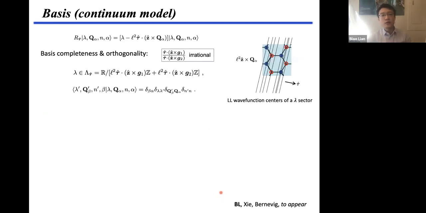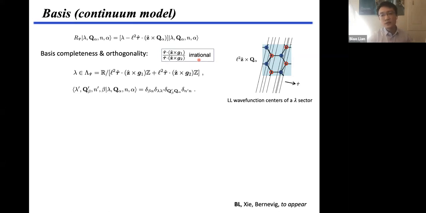Just to give some more understanding of this basis: in order to prove that this is a complete basis, one needs to choose the direction in an irrational direction. Basically, if G1 and G2 are the reciprocal vectors of the model, one needs to specify that this number is irrational.